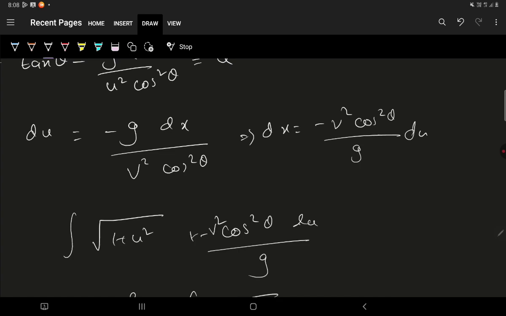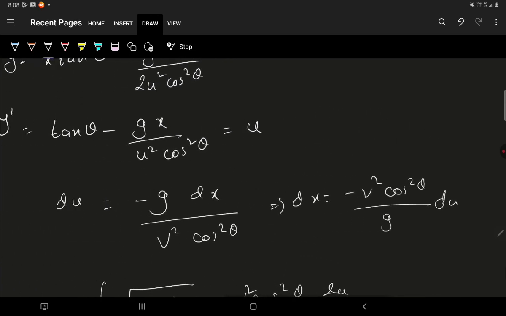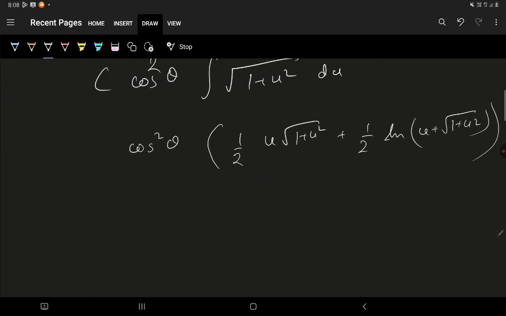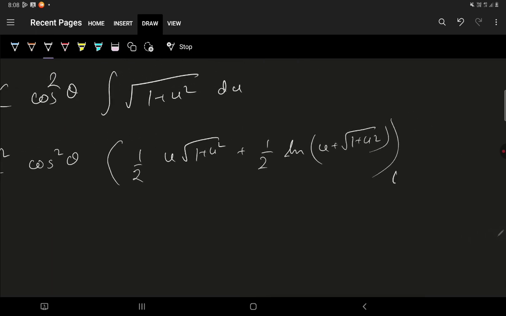Now can you tell me the initial value of u? That is, when x is equal to 0, u is equal to tan theta. When x is equal to the value that is the range, then u is equal to minus tan theta, right? Just putting those values, the initial value will be tan theta, the final value will be minus tan theta.